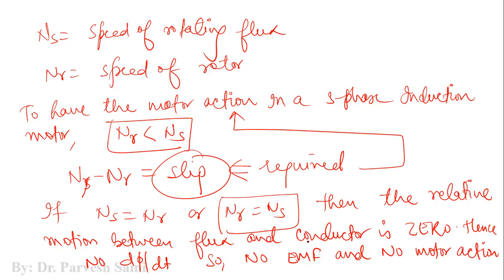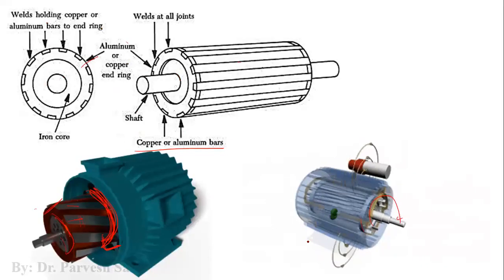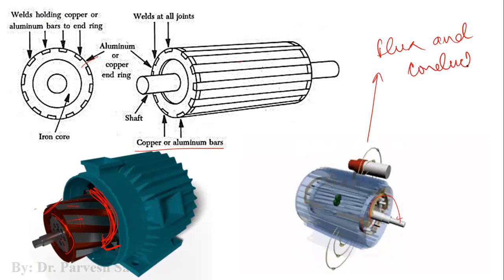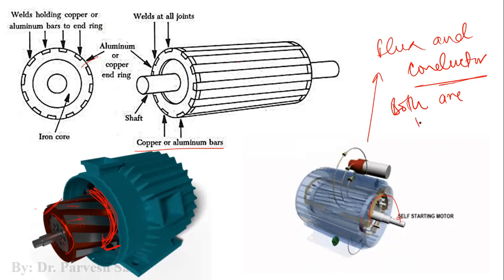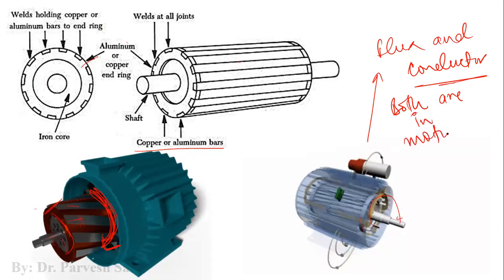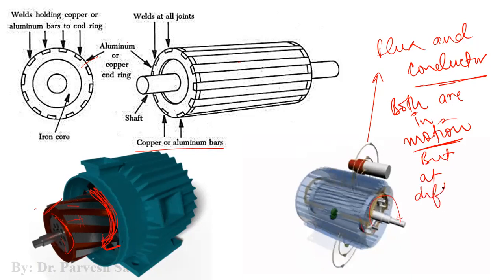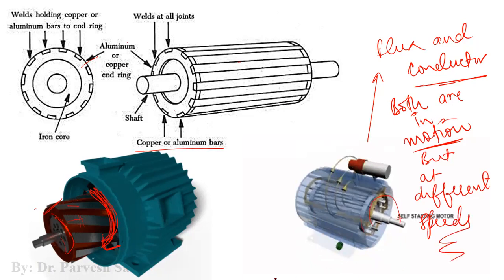Now here the interesting thing is that you can see in this particular diagram, the field flux and conductors both are moving, both are in motion, but at different speeds, right?